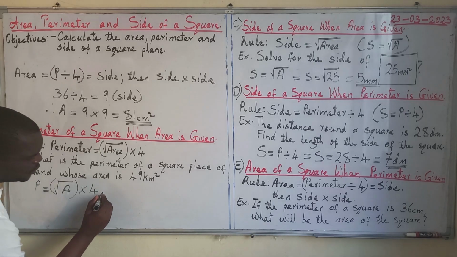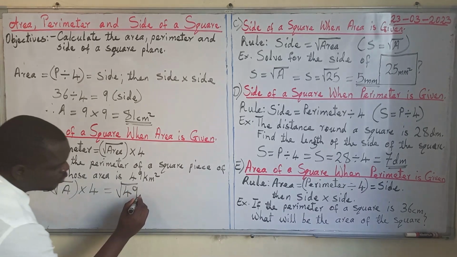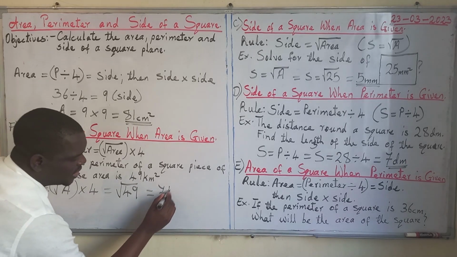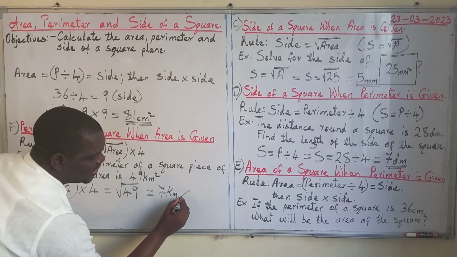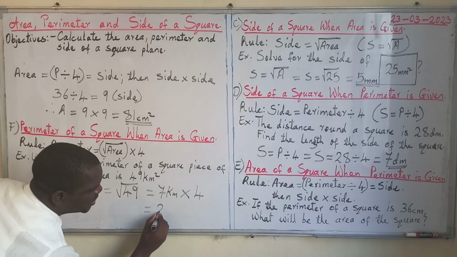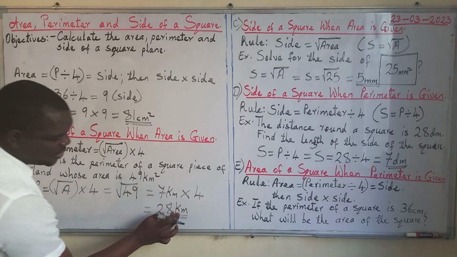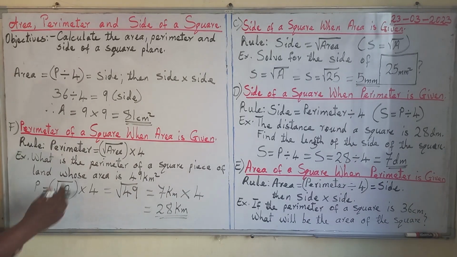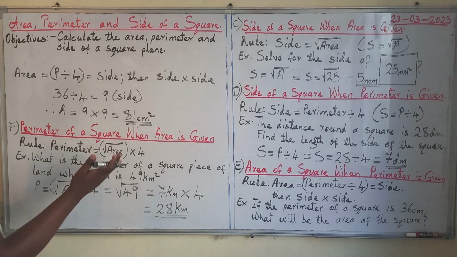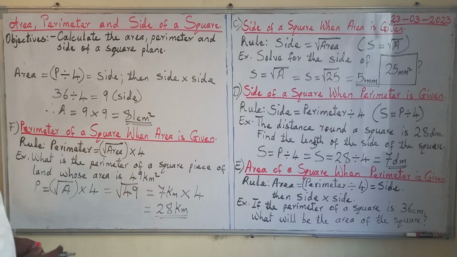Let's substitute. This will be equal to square root of 49, which is equal to 7 kilometers. Then you multiply 7 kilometers by 4, which is going to give 28 kilometers. We are talking about perimeter, and so the unit should not be squared. So this is what you can do to find the perimeter of a square if the area is given.